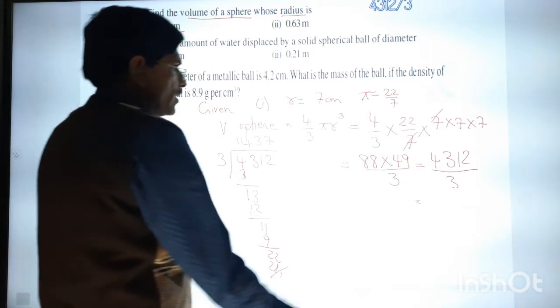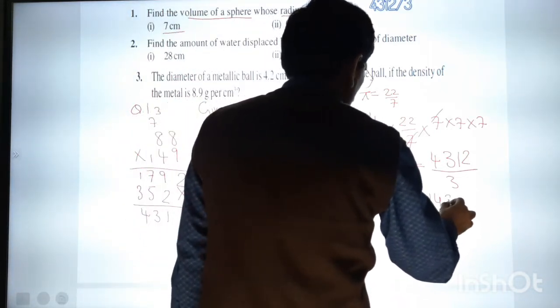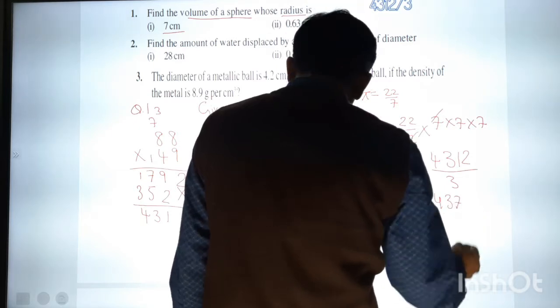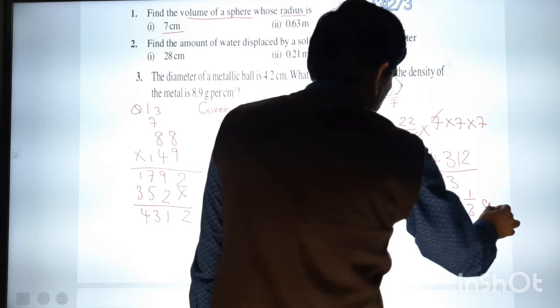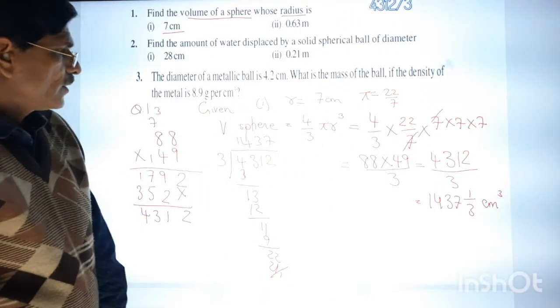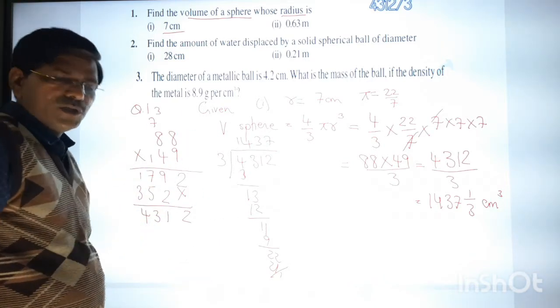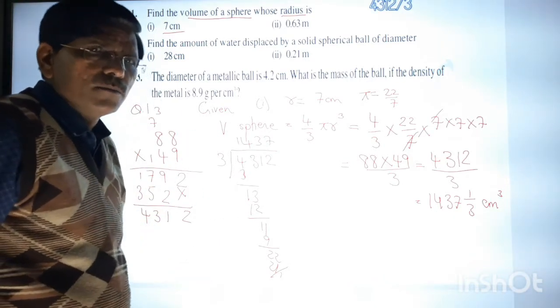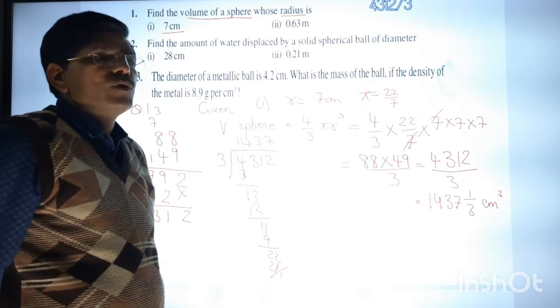Remainder is 1. So I can write 1437, and the remainder is 1 upon 3 centimeter cube. That is the answer. So compulsory you have to write both this multiplication and division. So in each sum on volume of sphere, mostly we have seen that we multiply.